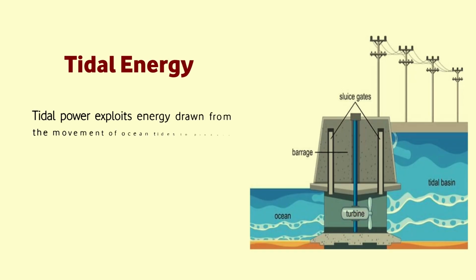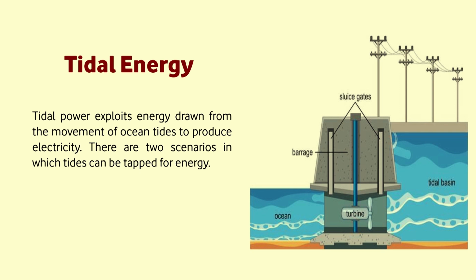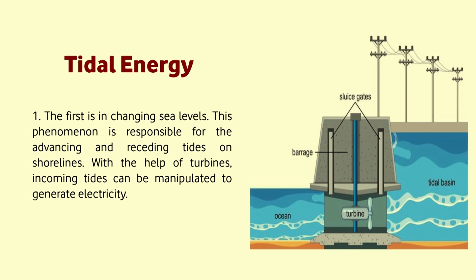Now we will discuss tidal energy. Tidal power exploits energy drawn from the movement of ocean tides to produce electricity. There are two scenarios in which tides can be tapped for energy. The first is in changing sea levels. This phenomenon is responsible for the advancing and receding tides on the shorelines.